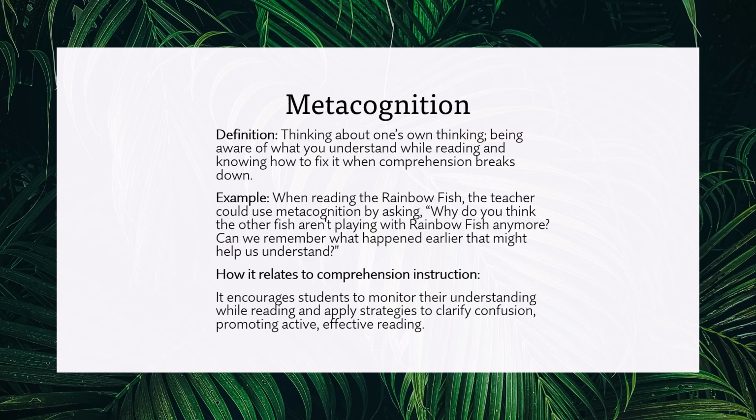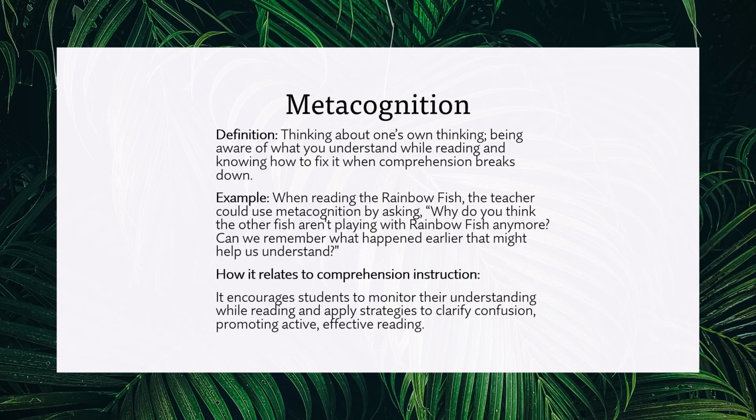Metacognition. So this is whenever you're thinking about your own thinking. So you're being aware of what you're understanding and asking yourself questions. So, for example, whenever you're reading the common story, The Rainbow Fish, the teacher could prompt metacognition by asking, why do you think the other fish aren't playing with rainbow fish anymore?